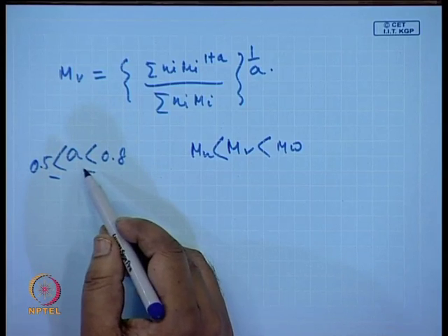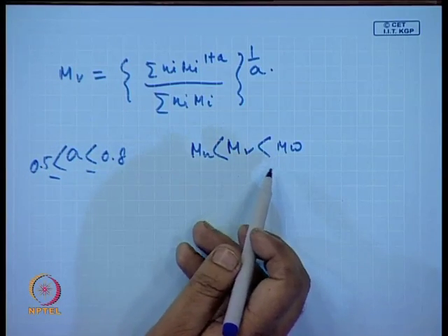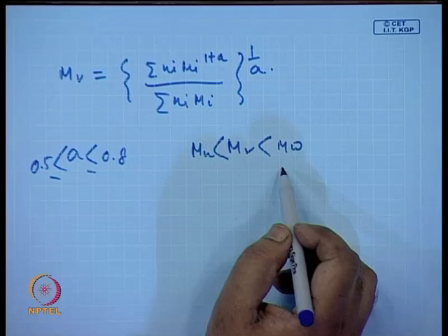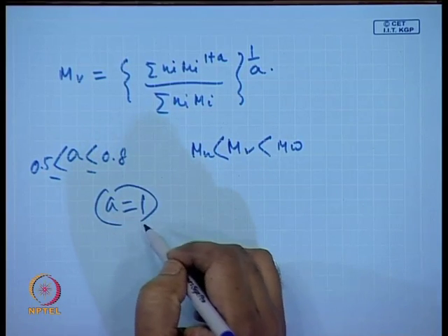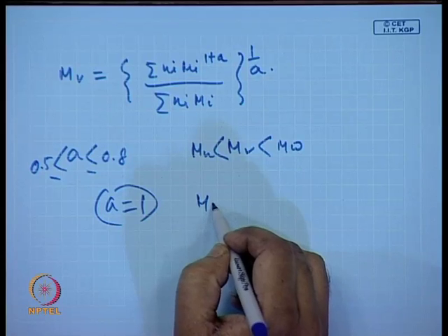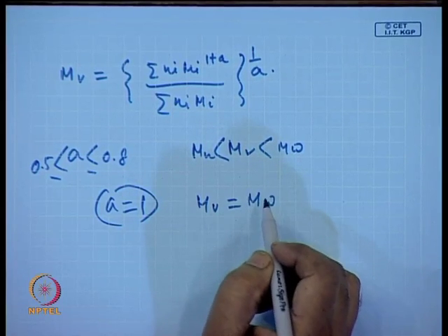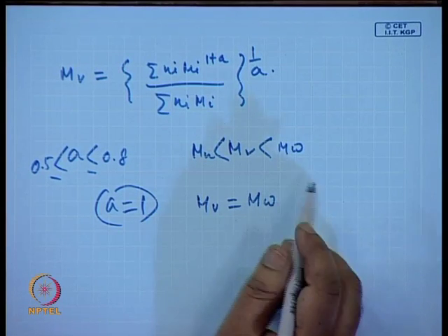If the coil expands, then the more the expansion, the closer it is to M_w, and for highly stiff rods where a is 1, M_v becomes equal to M_w.